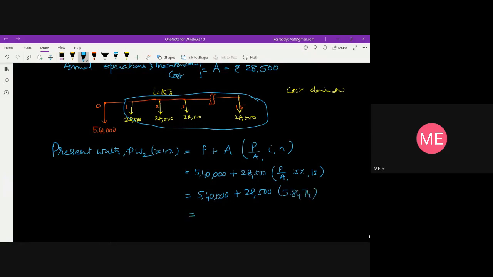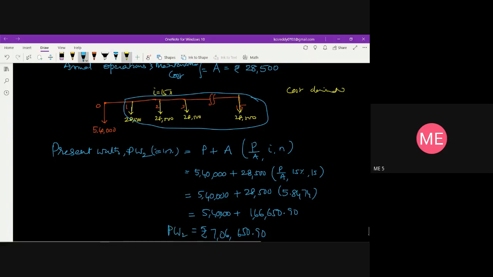By simplification, I get around 5,40,000 plus 1,66,650.90, which is rupees 7,06,650.90. So this is the present worth value of alternative 2.